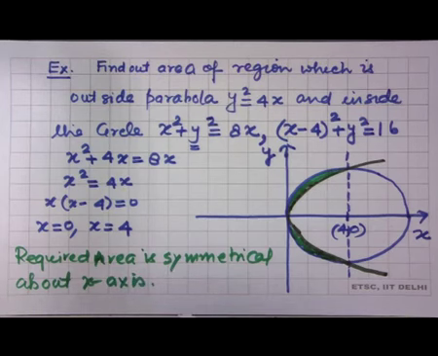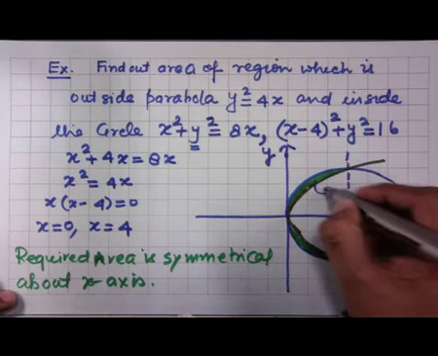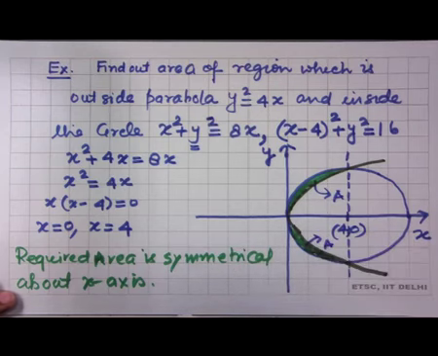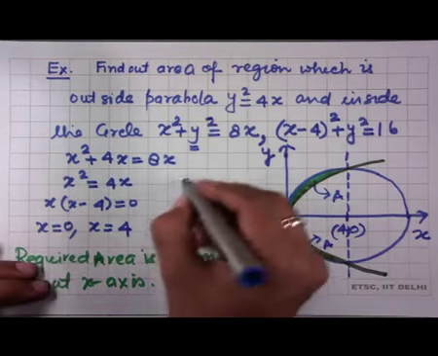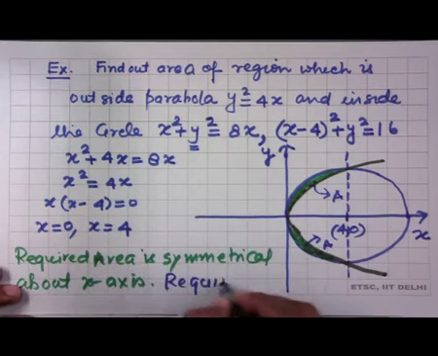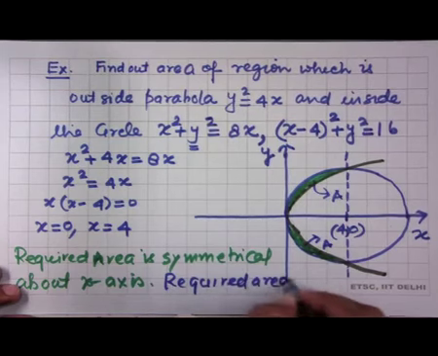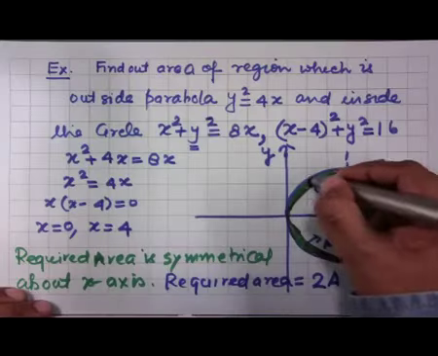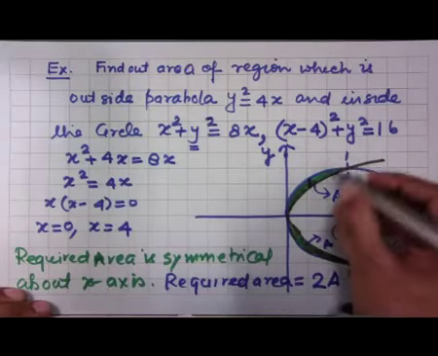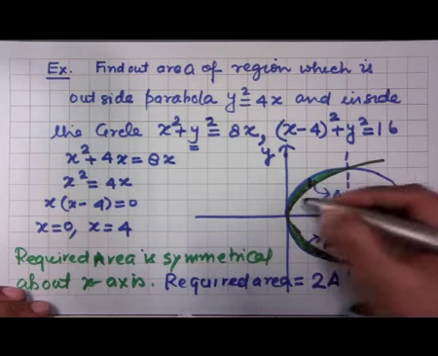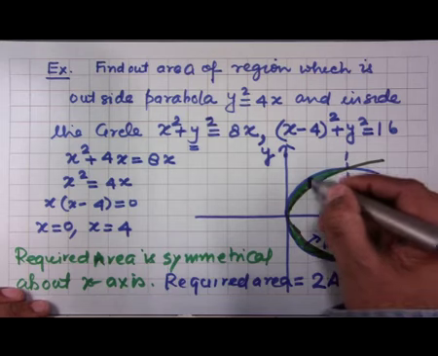So, if say this area is A, this area will also be A. Required area is twice of A. Now, if you assume that this is the elementary strip, let us compute this area which is lying above the x axis, which is outside the parabola and inside the circle.